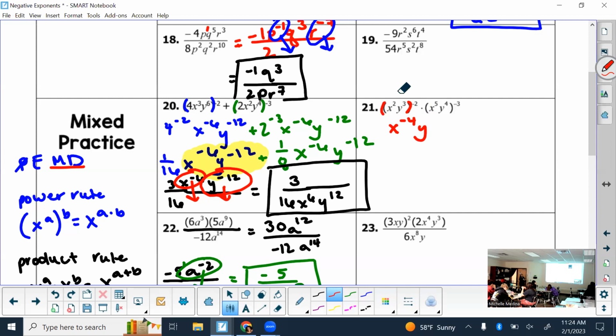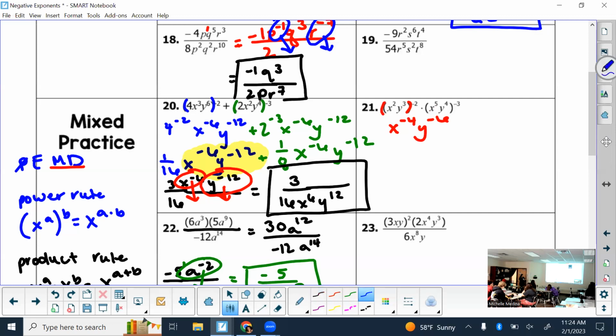So y to the 3 raised to the -2 power gives me... -6 is correct. All right, so that's the first chunk.